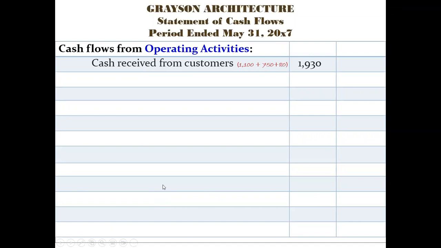So the cash received from customers. Notice that's an inflow. We have cash paid to suppliers. You notice I have it in brackets there. That's an outflow.